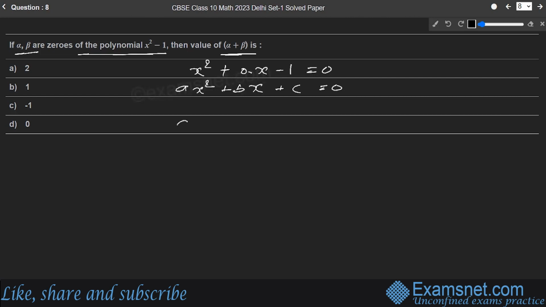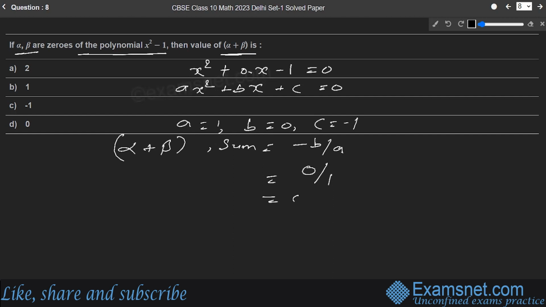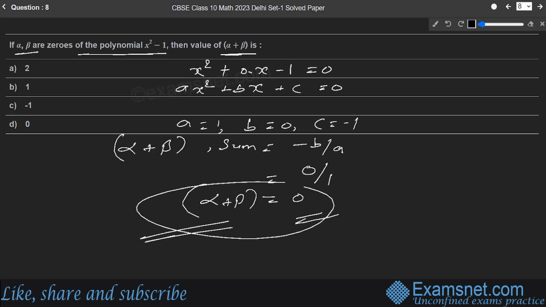So we get the values a as 1, b as 0 and c as minus 1. They're asking for alpha plus beta, the sum of roots, which is given as minus b over a. The b value is 0 and a value is 1, so it is ultimately 0. So alpha plus beta is 0 for the given polynomial, and that is the right answer, option number D.